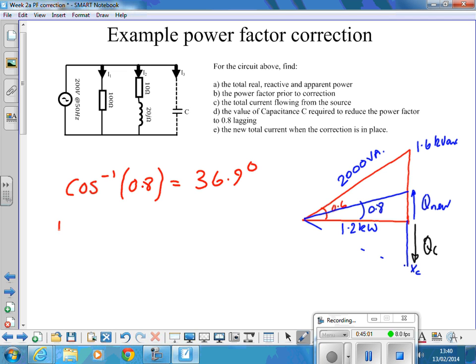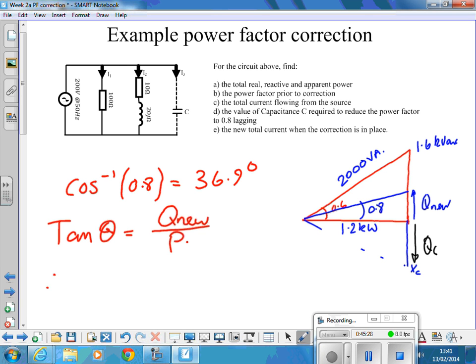Yeah, because that's that, and opposite over. I want to show whoever's looking at this where it comes from. The tangent of the new angle is the opposite, Q new, over the power, opposite over adjacent.